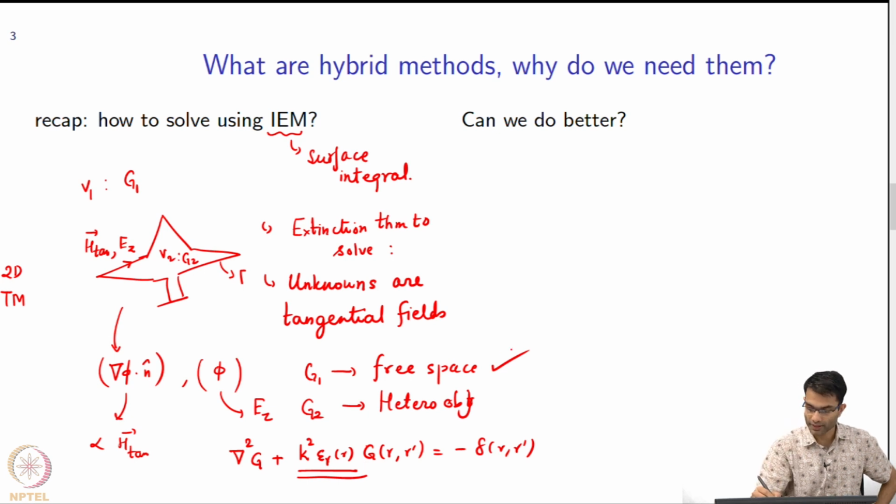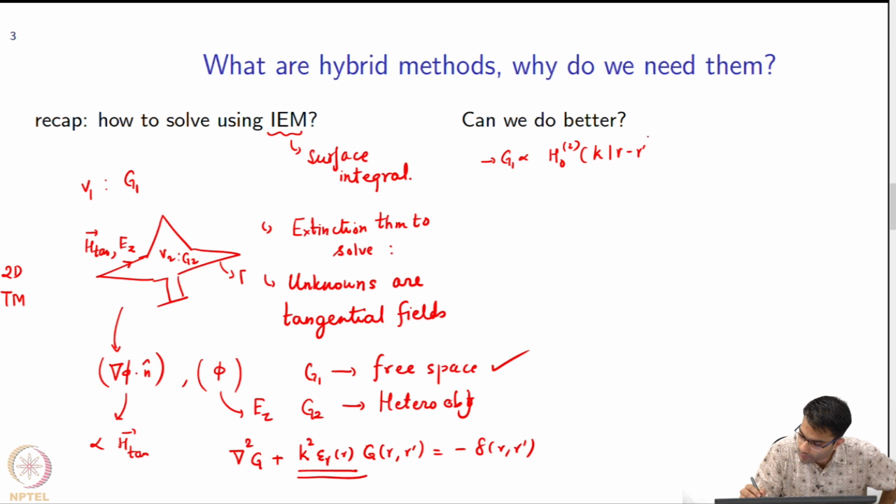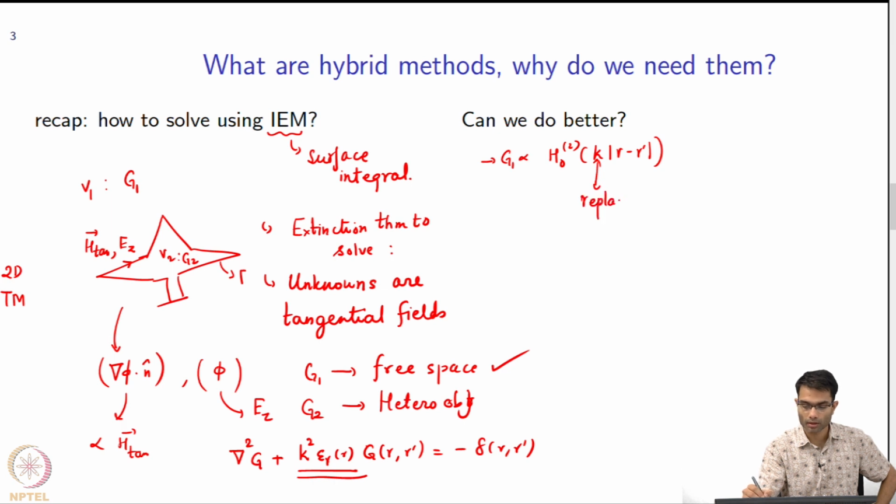For free space, what was my Green's function? G1 was of the form Hankel function of K times r minus r prime, with some constants. When the medium changed but remained homogeneous, I could replace this K by the K of that medium. But if the medium is heterogeneous, not homogeneous, then K has no meaning.